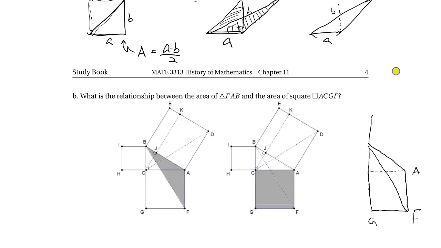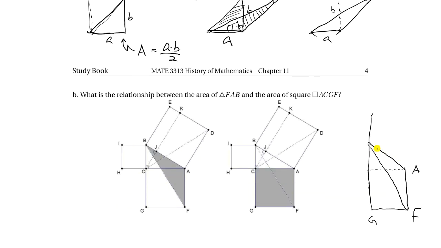So when you compare the area of this triangle and the area of that rectangle, this triangle's area is exactly half of the rectangle, so the rectangle is double of that. And in the previous step, we showed this triangle is the same as this one, so that is also 1.